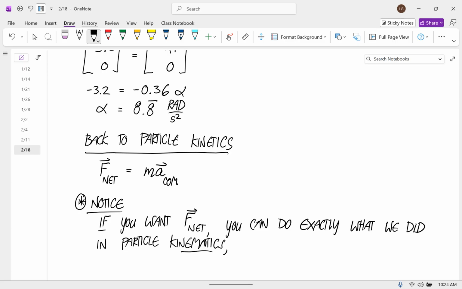And then just multiply your acceleration by the mass.